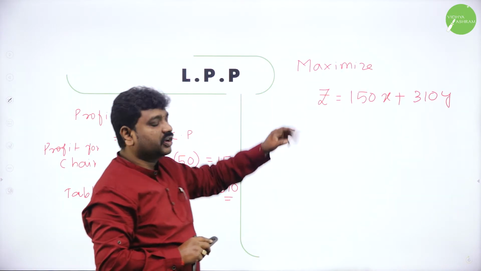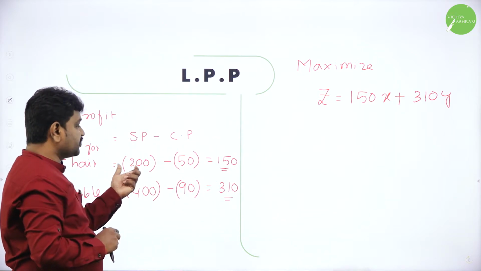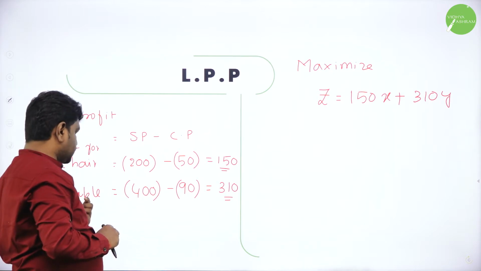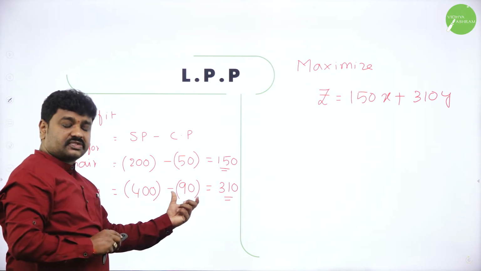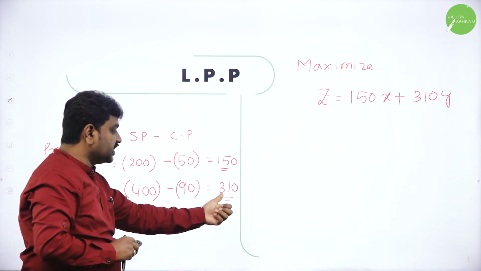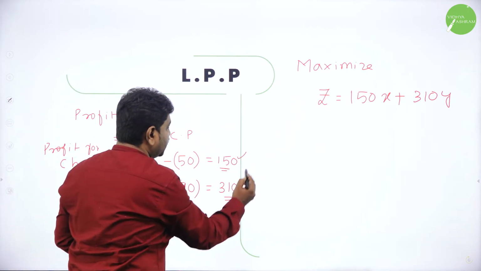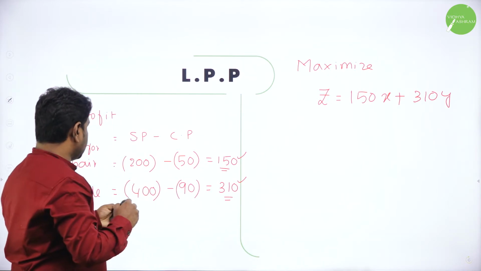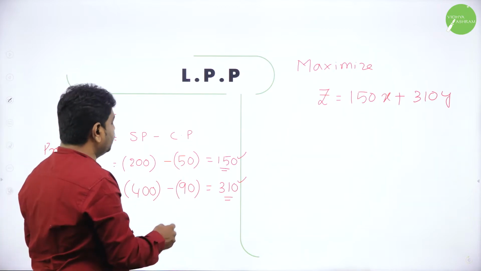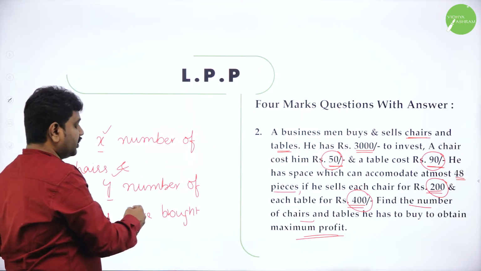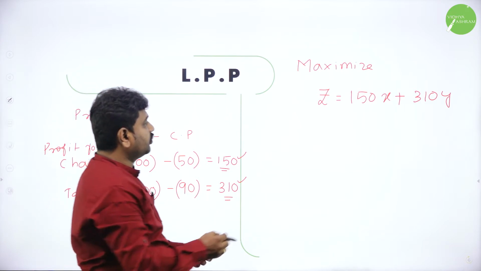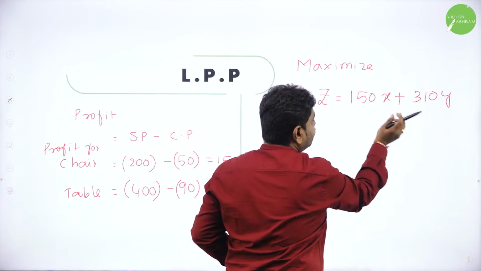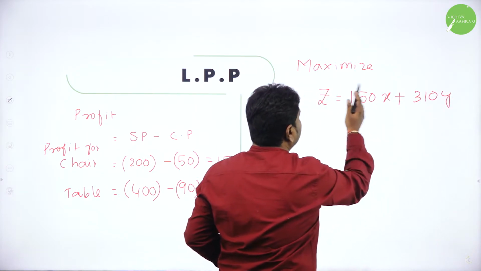Profit per chair is selling price minus cost price, that is 150 rupees, so 150X. The selling price of a table is 400, the cost price is 90, and subtracting gives 310 as the profit. For one chair the profit is 150, and we are buying X chairs, so 150X. For one table the profit is 310, and we are purchasing Y tables. So profit on chairs is 150 into X, profit on tables is 310 into Y. This we need to maximize.